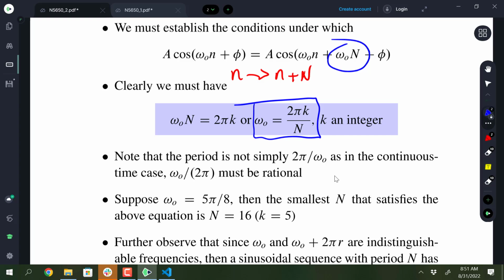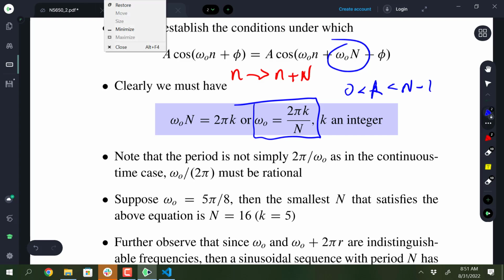But for a single sinusoid, we just have to be able to have omega naught be this ratio k over n, where k is any integer. And it turns out, on the fundamental interval, we can have k equals 0, in which case it's just a constant.